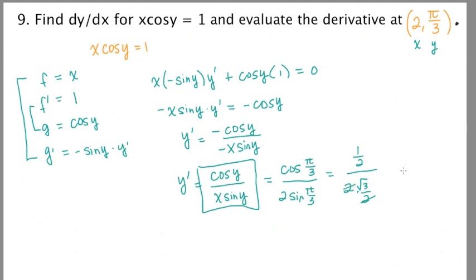These are going to cancel out. So we're going to be left with 1 over 2 root 3. If you decide to rationalize that, you end up getting root 3 over 6. So this is dy dx for the equation x cosine y equals 1 at the point 2, pi over 3.